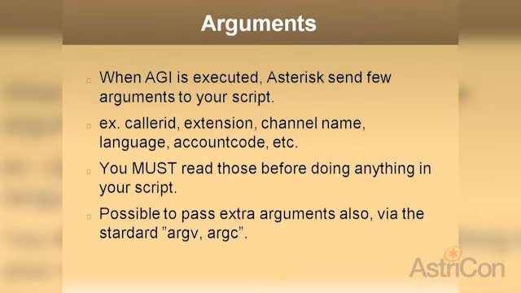When you're calling your AGI from the dial plan, Asterisk is going to send a lot of arguments to your AGI script: the caller ID, the extension, the channel name, the language, the account code. So you don't have to call something like a Core Channel to get all those.